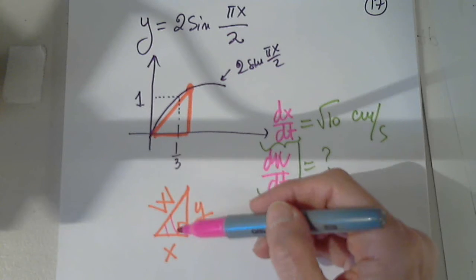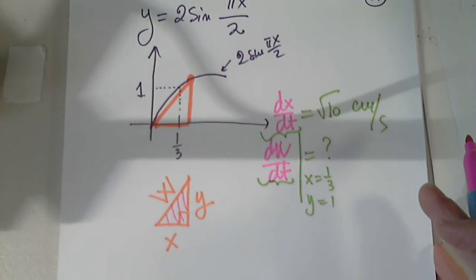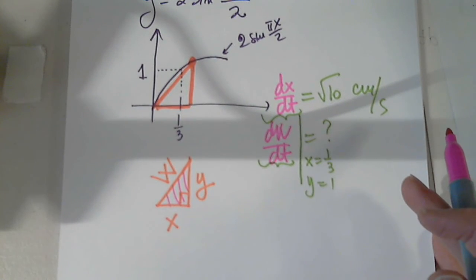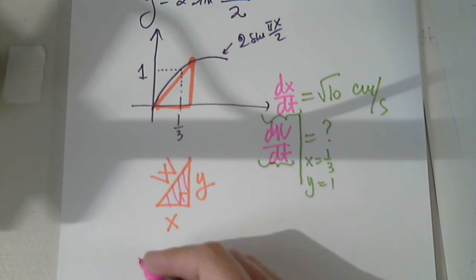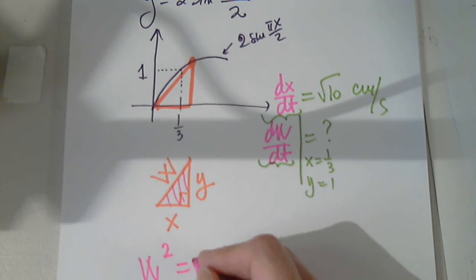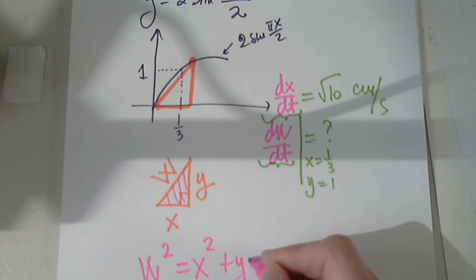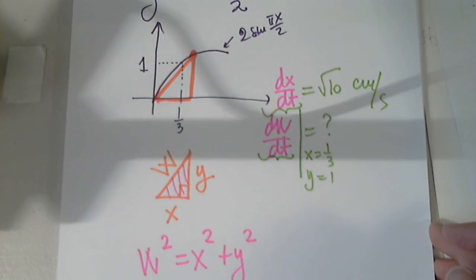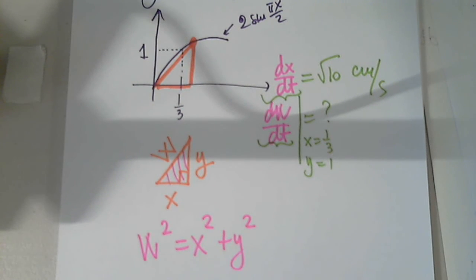So like before, we have to create a relationship, and the relationship is the Pythagorean theorem, which is w squared equals x squared plus y squared. We had something like this an hour ago. We differentiate implicitly.